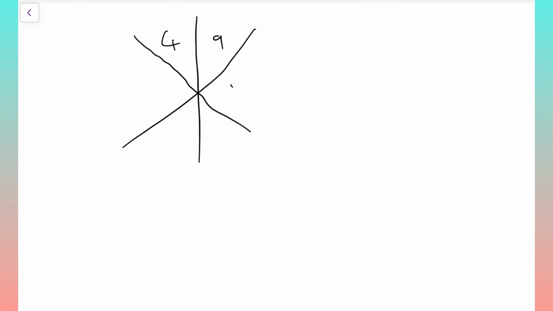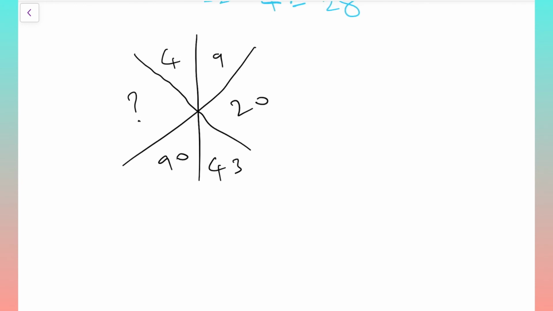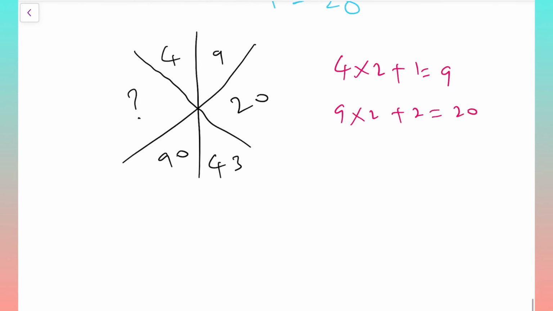4, 9, 20, 43, 90. What will come in the place of the question mark? Now in this type of question, compulsorily some series will be there, so let us check that. First, starting from 4 to 9: 4 2s are 8 plus 1 is 9. 9 2s are 18 plus 2 is 20.